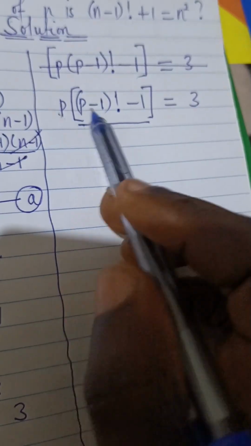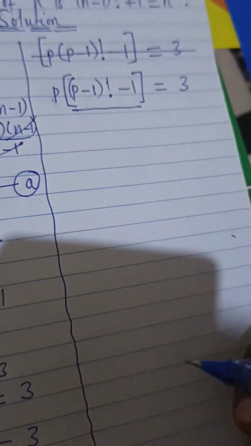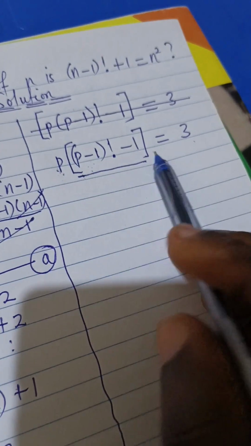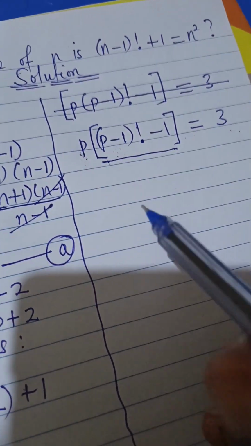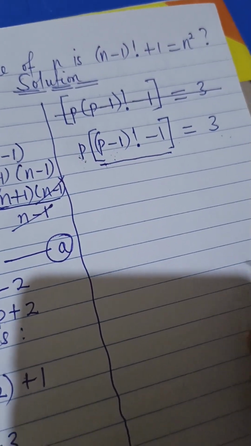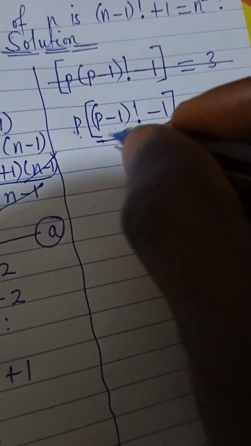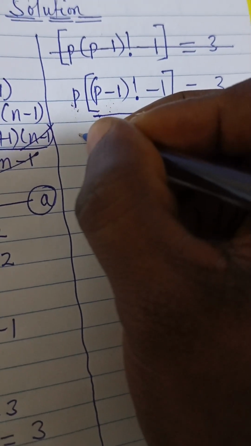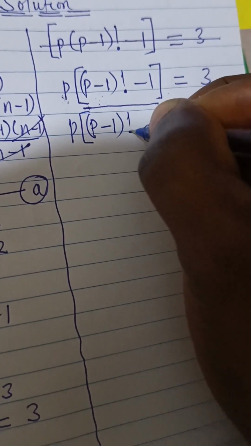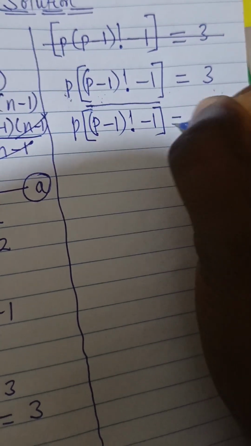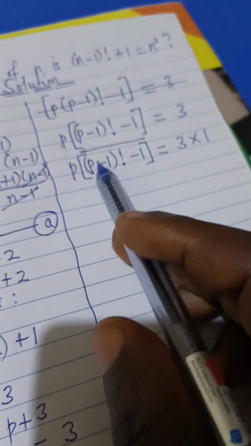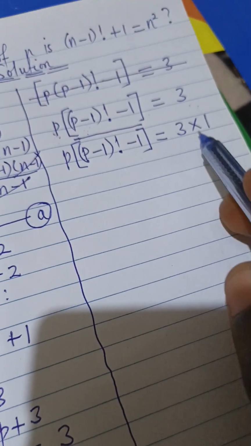What it means is that the product of two numbers gives us 3. The product of two integers is actually 3, so the only integers whose product is 3 are 3 and 1. You get the point. And so p times p minus 1 all factorial minus 1 is equal to 3 times 1.